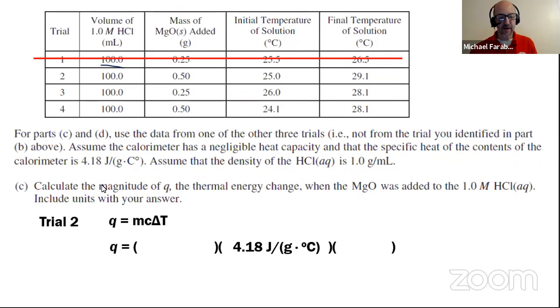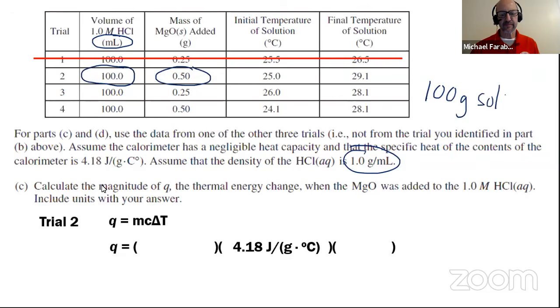Now the numbers right here are volume, in milliliters. It's not in grams, but luckily we're assuming that the density of HCl is 1 gram per milliliter. So we have effectively 100 grams of solution. And then we have to also add either 0.5 or 0.25 to that total. So if I'm doing trial 2 and I add the 0.5 grams of MgO, that brings my total mass of the contents of the calorimeter to 100.5.